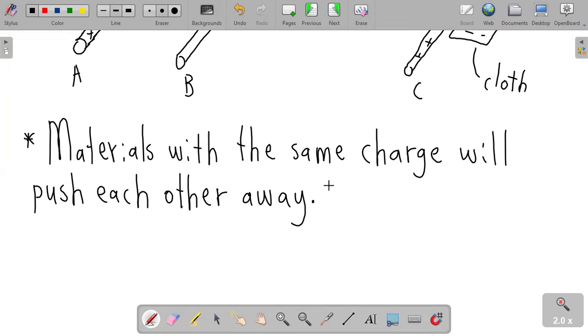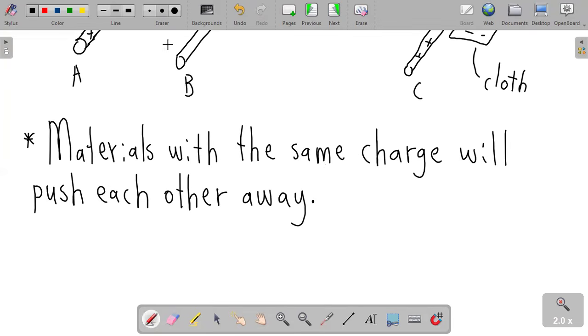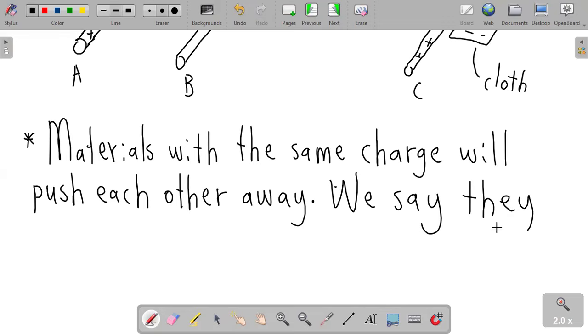So we say they repel each other. They repel each other.